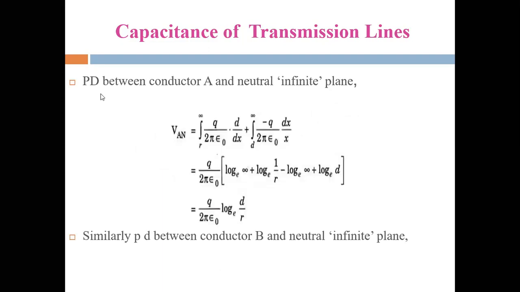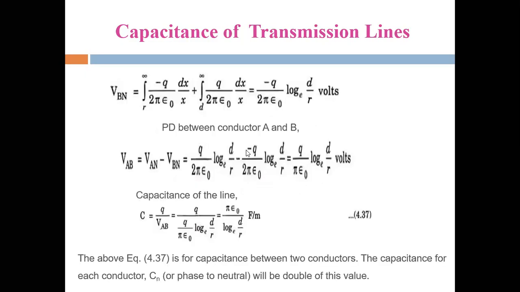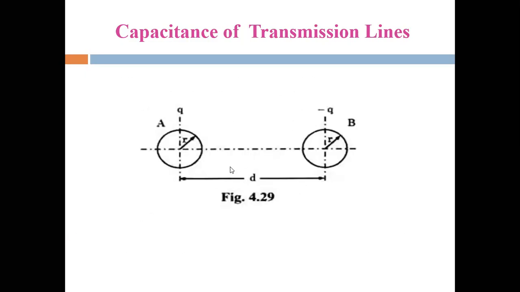Therefore, the potential difference between conductor A and the neutral infinity plane, VAN, is equal to the integral from r to infinity of q by 2 pi epsilon naught, d by dx, plus the integral from d to infinity. Why are we taking the integral from d to infinity? Because the distance between conductors A and B is d.